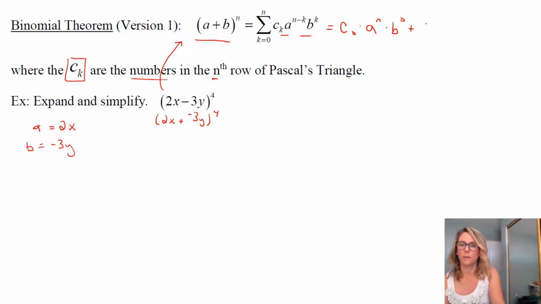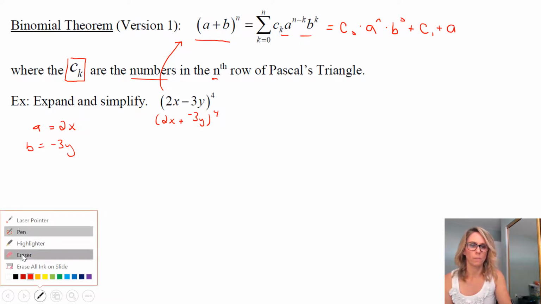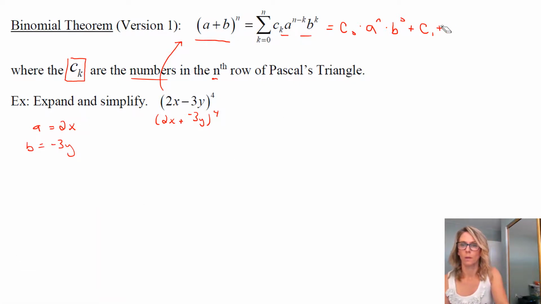The second term is c sub 1, and when k is 1, it's multiplied by a to the n minus 1, so our a is going down in degrees.